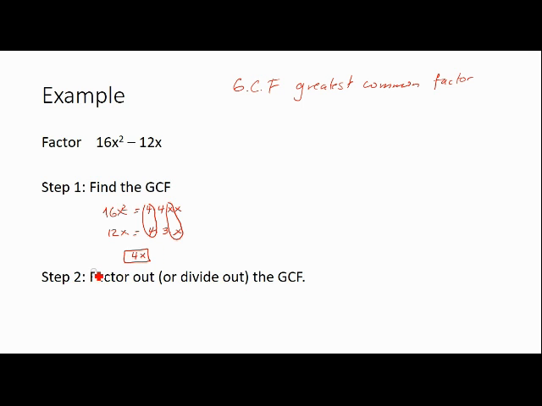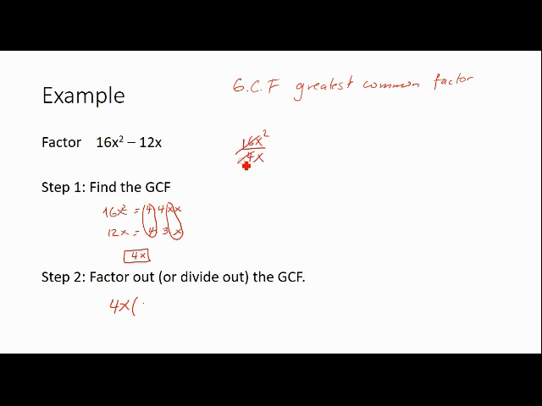So our second step is to factor out this GCF. So we're going to use the distributive property, but in the opposite direction. So we're going to pull out this term here. So it's going to be 4x times, so if we divide 16x squared by 4x, what do we get?